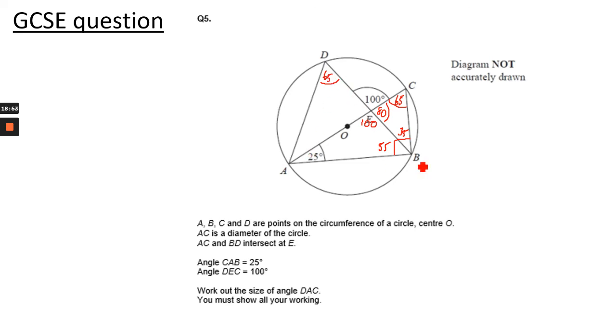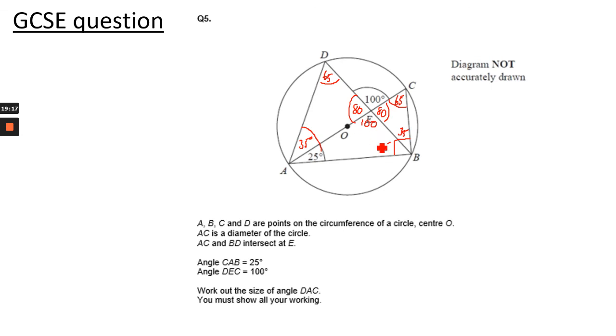Then I've got my bigger triangle here. If that's 65 and that's 55, this total angle here must be 60. If that's 25, that one must be 35. This one must also be 80. And if I've done it correctly, 65 add 35 add 80 gives me 180.